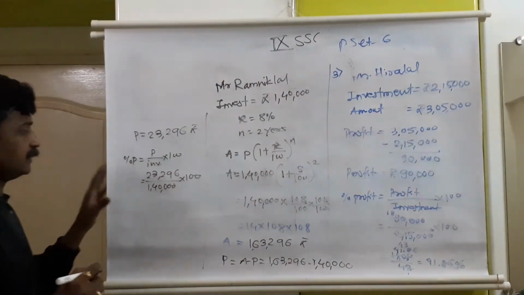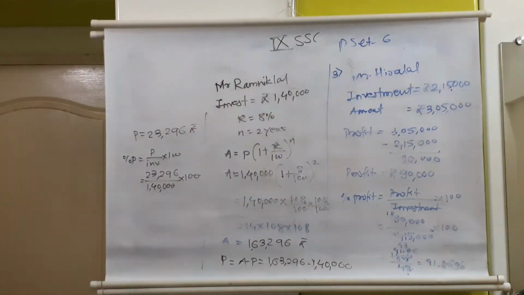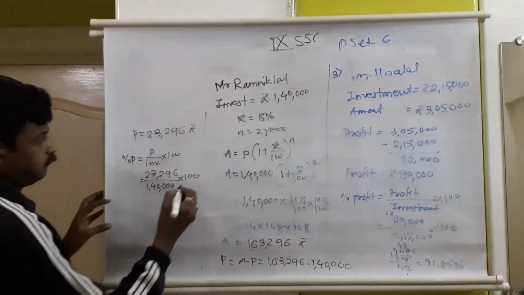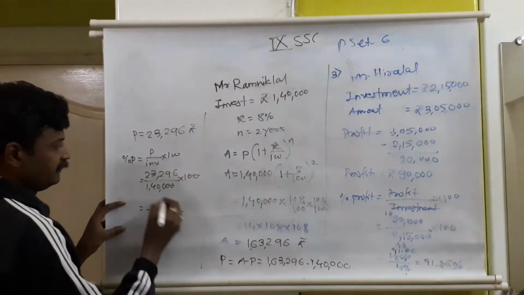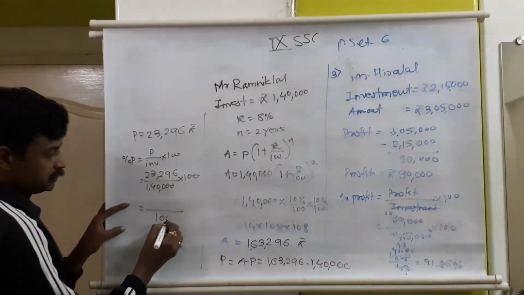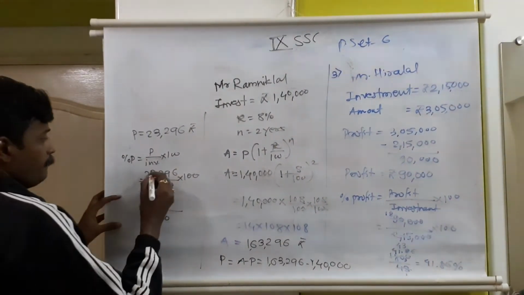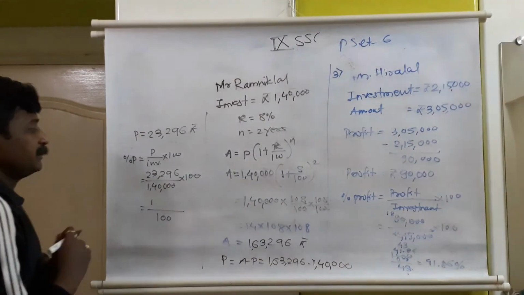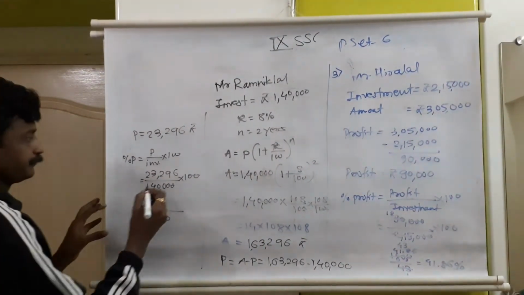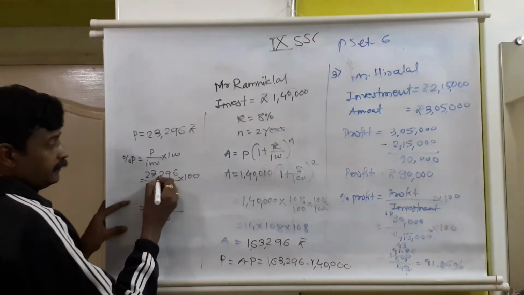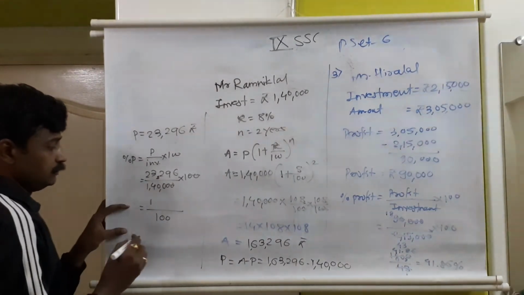Zeros will get cancelled. Let us see if we can divide it by 14, then we can easily simplify it. 14 ones are 14, the 2 zeros will remain. Then by using 14's table, 14 ones are 14, the remainder will be 9, and these two will form 92.